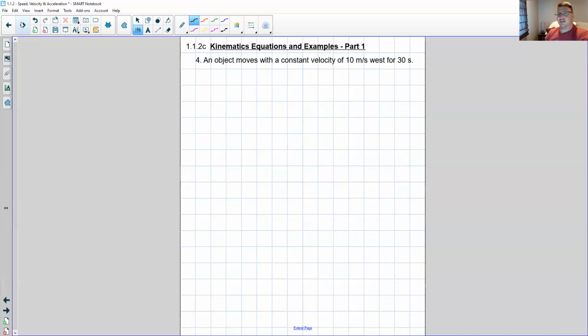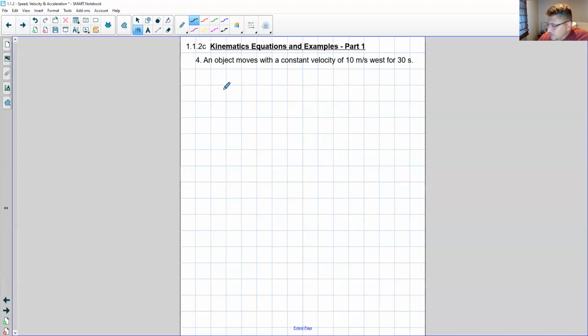An object moves at a constant velocity of 10 meters per second west for 30 seconds. Well, what do we get out of this right away? What's the one thing you should immediately say to yourself as soon as you read this? Well, when I read it, I say the object went 300 meters.